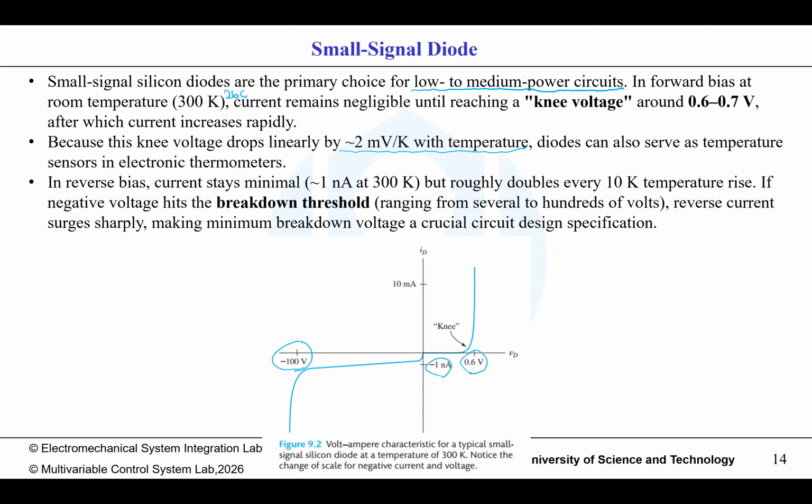This minimum breakdown voltage is a crucial circuit design specification. We will introduce its application in the following sections. So this is the characteristic diagram of a real diode.